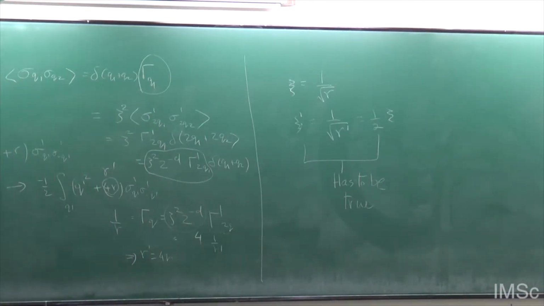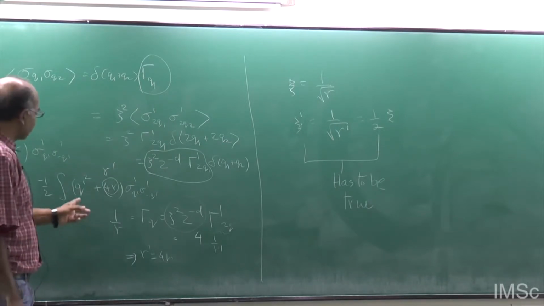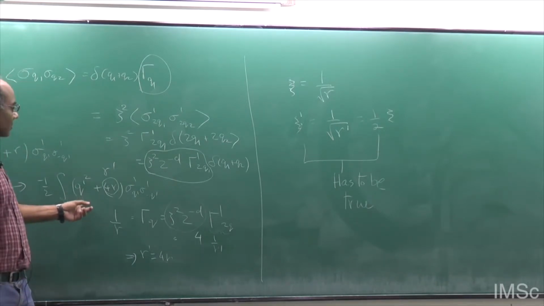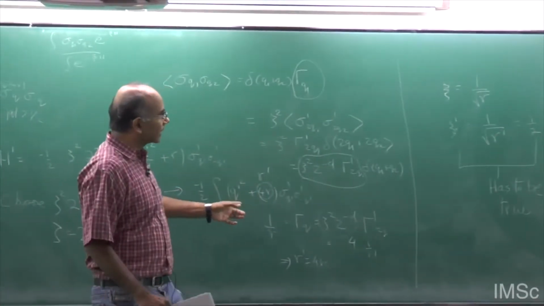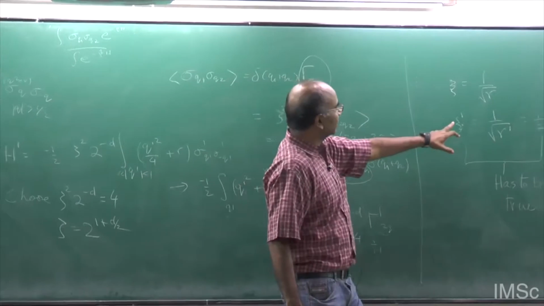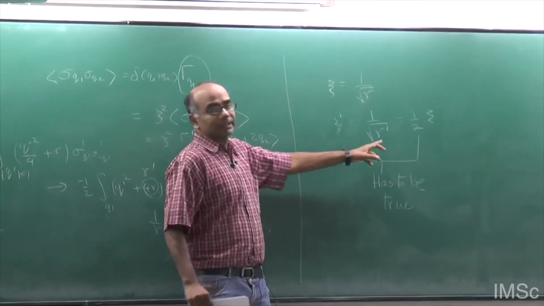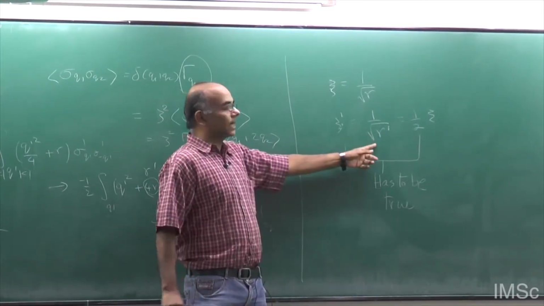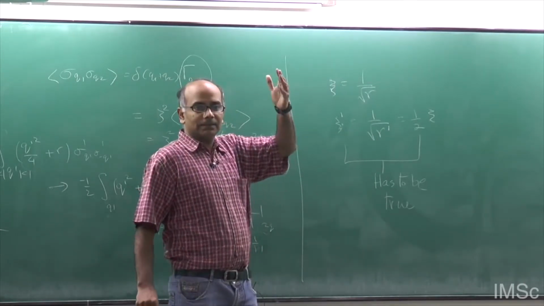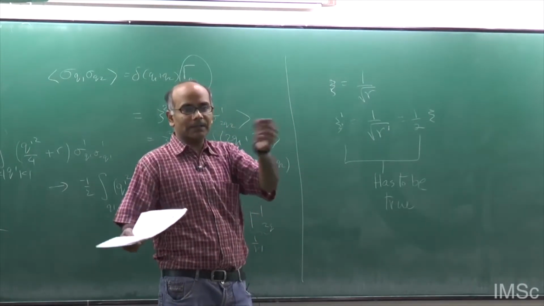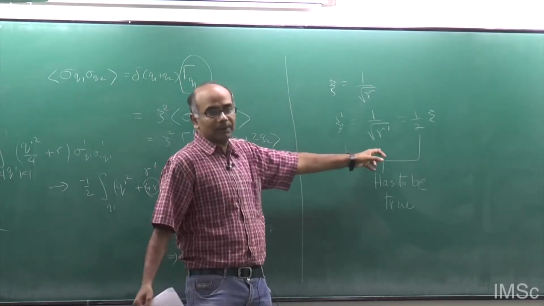But that's because of our choice of this zeta squared with the magnitude of 4. If we had chosen something else... Why did we choose this? We chose this because we wanted the same form of the Hamiltonian. If you had chosen something else, then the connection between xi prime and r prime would not be this. Why did I write this down? Because I said I can use my old calculation, and the Hamiltonian is the same thing except r has become r prime, so I wrote down this formula.